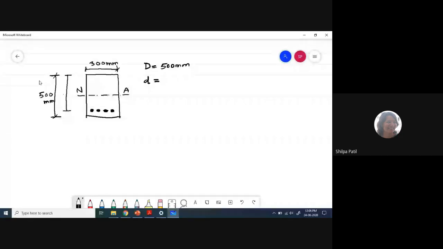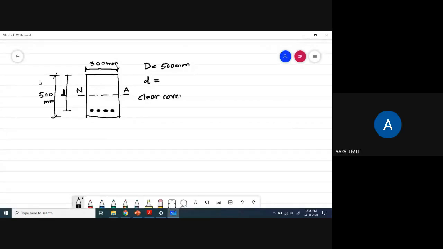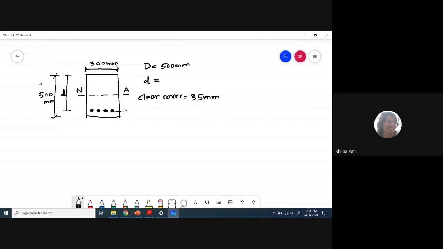For that they have given a clear cover value. What is that value? Clear cover, 35 mm. Now this clear cover is actually this distance. This is the clear cover, which is denoted by C.